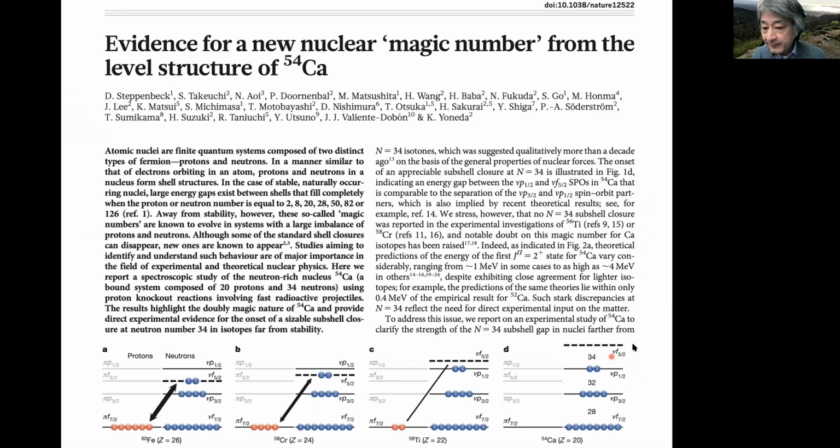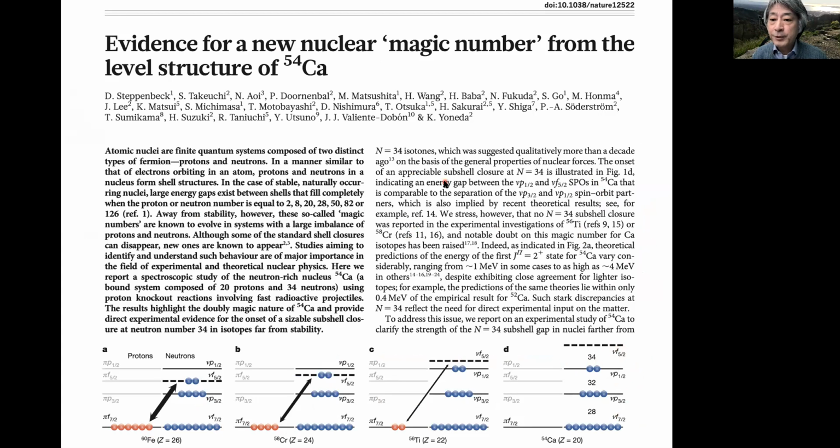This f5/2 state is typically below p1/2 for the iron and chromium nuclei. But for some atoms, their ordering may switch, and you may develop even a fairly big gap between the f5/2 states, which are now above the p1/2 states. Then you have a magic number of 34. And that's apparently what they discovered.